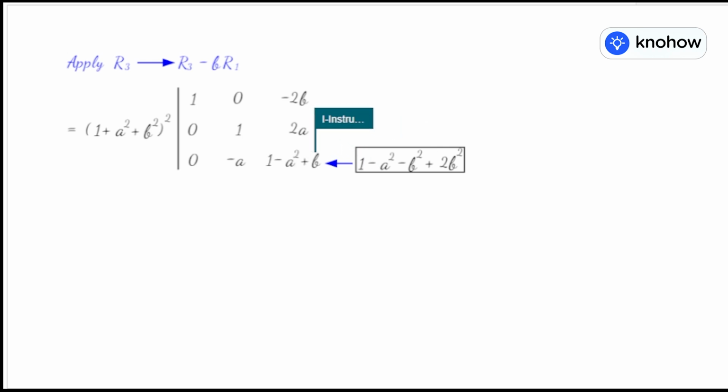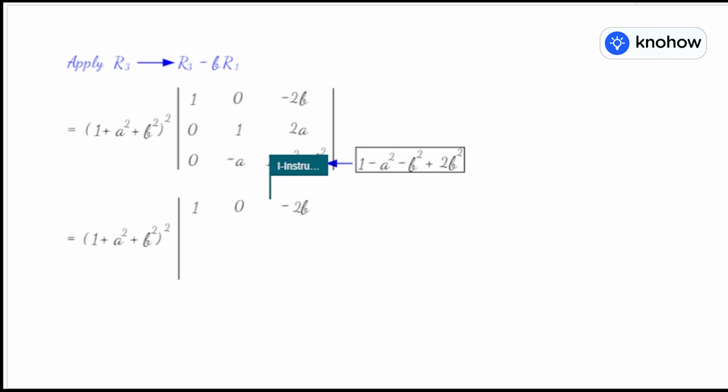So now the next step: you already have (1 + a² + b²)² outside, and inside the determinant, if I rewrite it again, you get 1, 0, −2b; 0, 1, 2a; and 0, −a, 1 − a² + b².